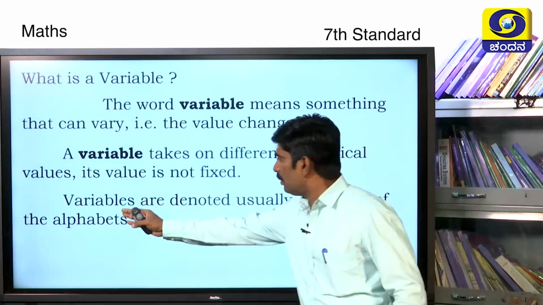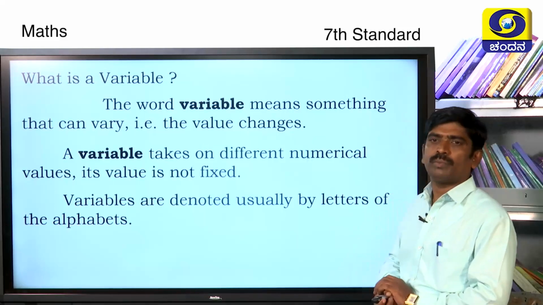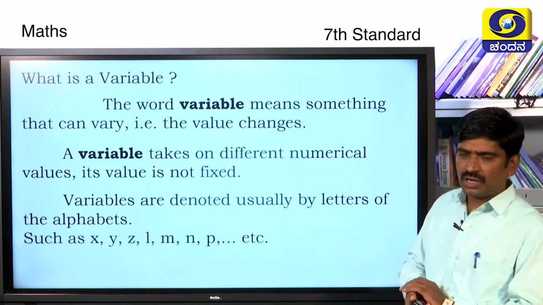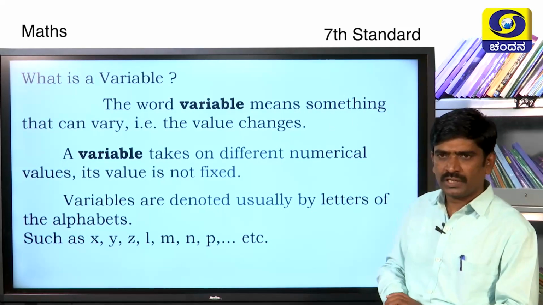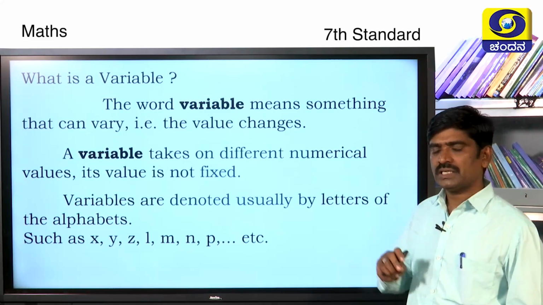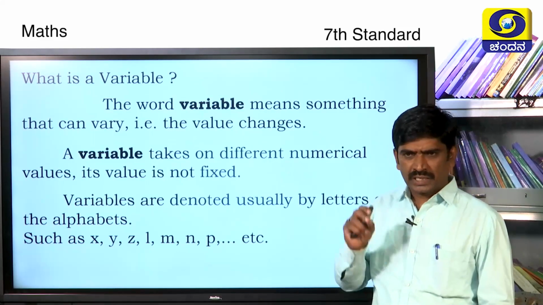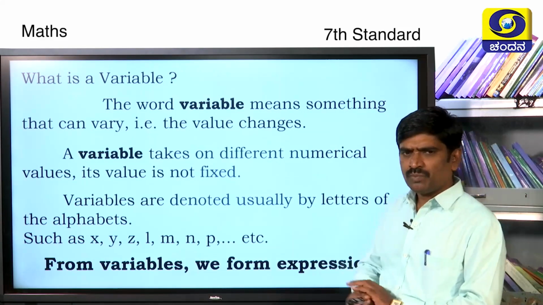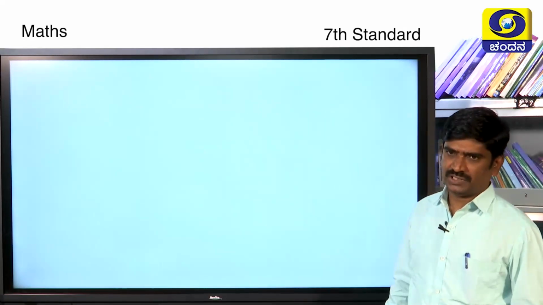Variables are usually denoted by letters of the alphabet, such as x, y, z, l, m, n, p, etc., but not o, because 0 and O look the same in writing style. Next, from variables we can form expressions.